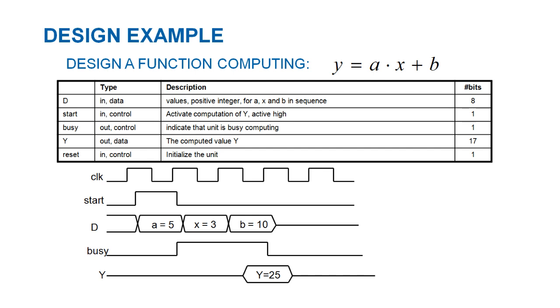Subsequent values on the input signal D will be representing X and B. And when we get this signal start, it means that we can immediately raise our signal busy so that we don't get multiple starts in a row. And of course, according to this waveform, when the signal busy is driven low by our implementation, it also means that our output signal Y is available.